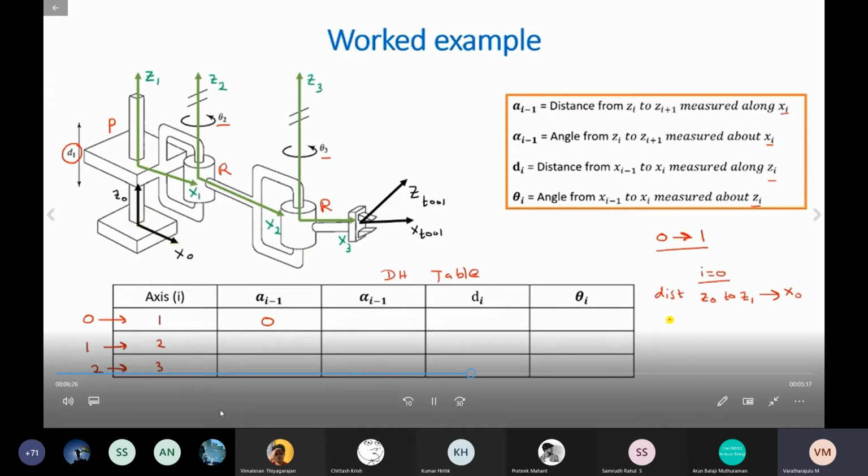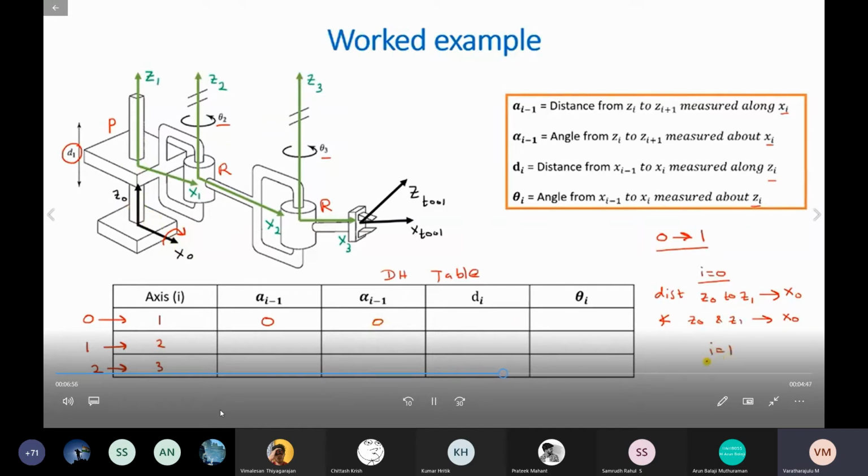The second value, alpha_i minus 1, looks at the angle between z0 and z1 about x0. So this is the angle z0 has to rotate to align with z1 about the x0 axis. And as they are both pointing vertically upwards and in line, this angle is 0.